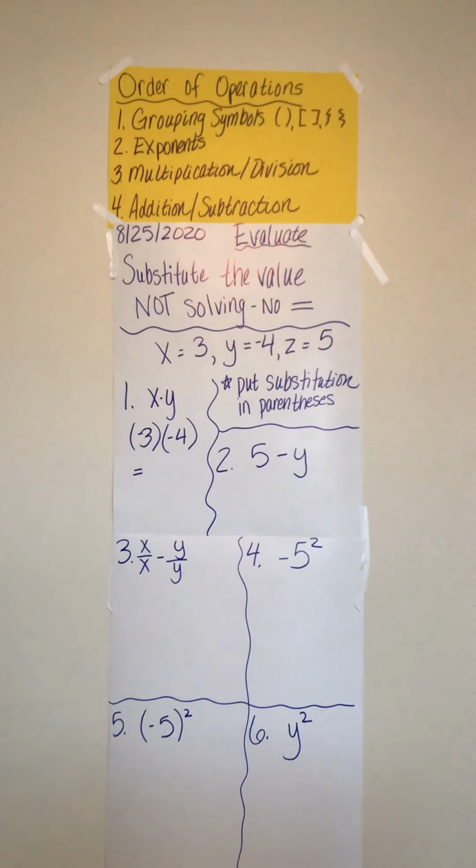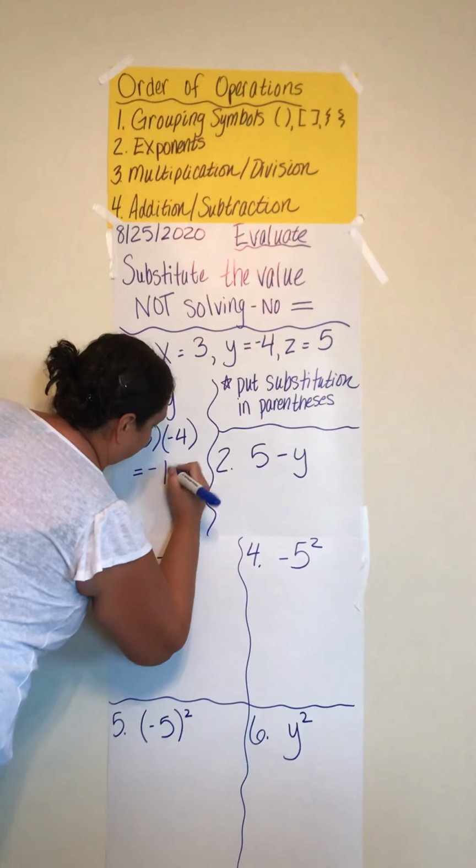So here we'll read it as X times Y. So I substituted our X, so I have our 3. I substituted our Y, and I have my -4. And I did put those in parentheses so we can make sure we know what we're working with. So now our math problem is 3 times -4. And we know 3 times -4 is -12.